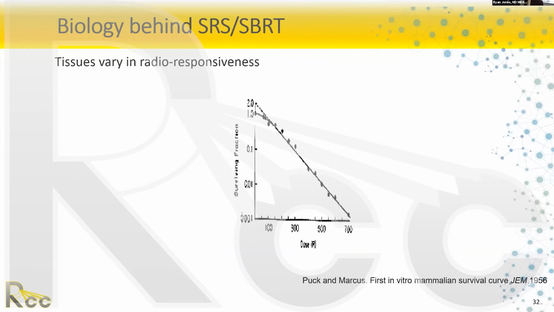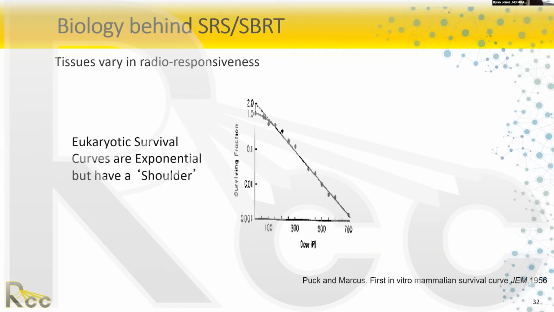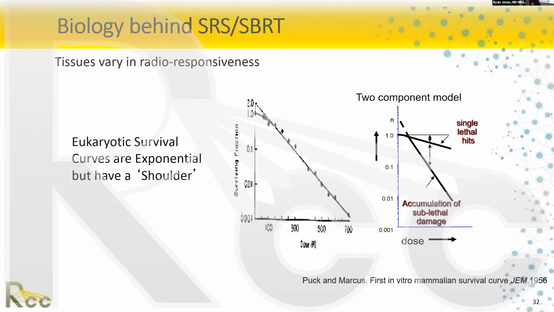And you go back to the middle of the 1900s, when they were starting to notice that tissues vary in radio responsiveness, and survival fractions can be plotted out in an exponential survival curve. Well, in attempts to later model how do we represent the response of certain tissue types to radiation across a range of doses, a common theory was that there were these 2 key kinds of radiation damage at play here.